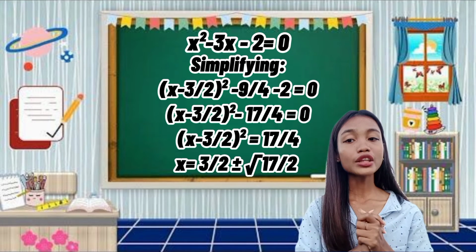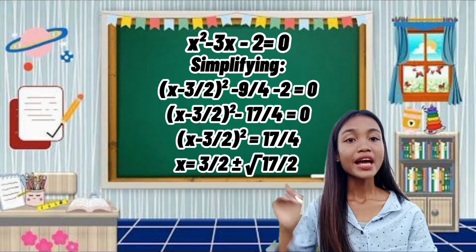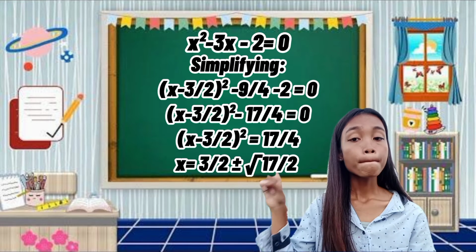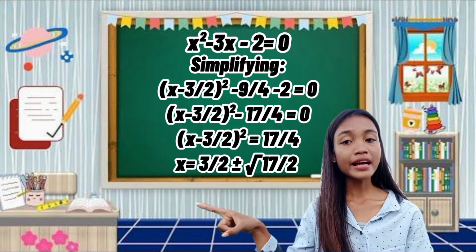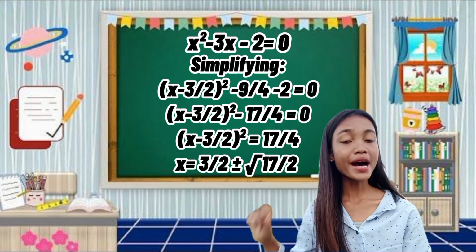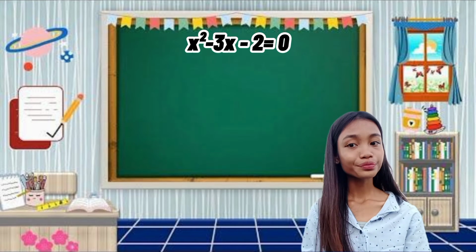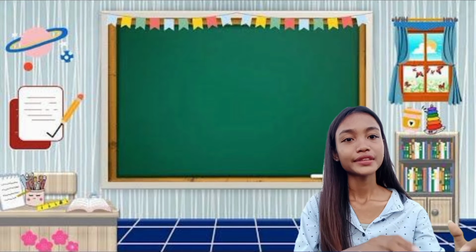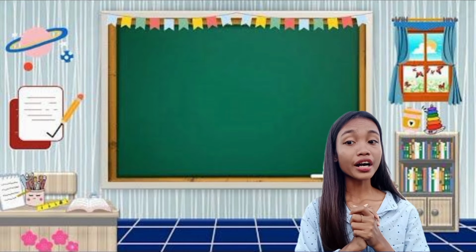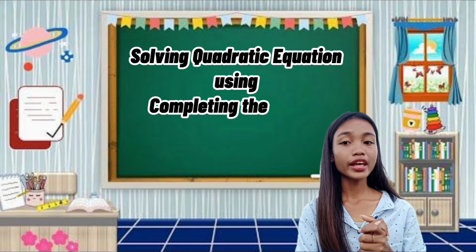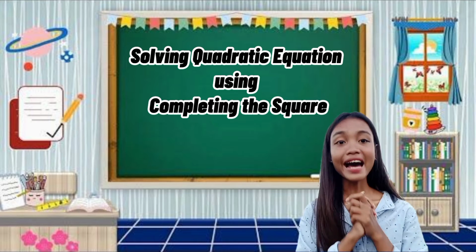So we can also write this solution as x is equal to 3 plus or minus the square root of 17 over 2. So that's it for our solving using completing the square.